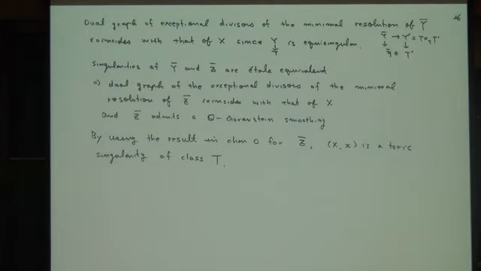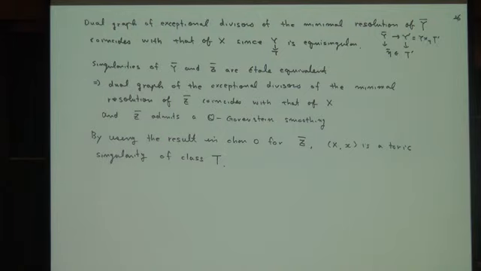And then the dual graph of the exceptional divisors of the minimal resolution of Ȳ coincides with that of X, since this is coming from the equisingular deformation: the exceptional divisor of the central fiber is the same as the special fiber and the generic fiber.